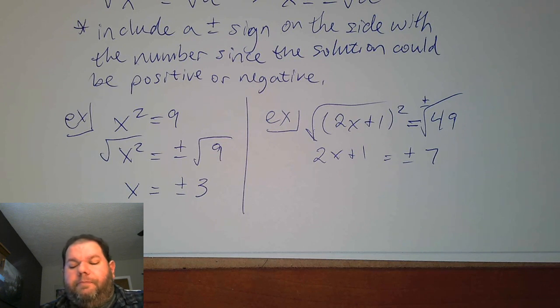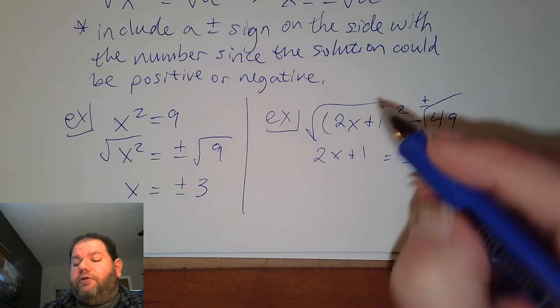Now, here's the dilemma that we run into. 2x plus 1 is equal to plus or minus 7. Now, plus or minus 7 counts as two different numbers. 7 and negative 7 are both unique. And so, what we have to do from here is split it up into two different solutions.